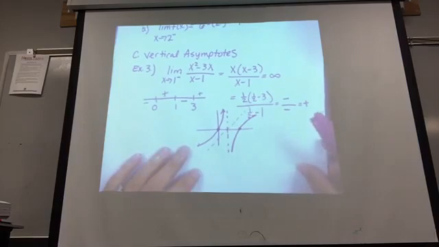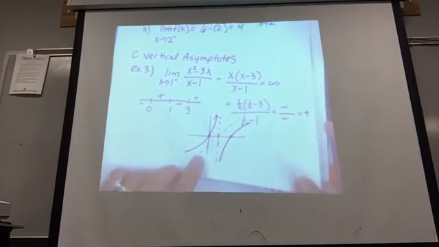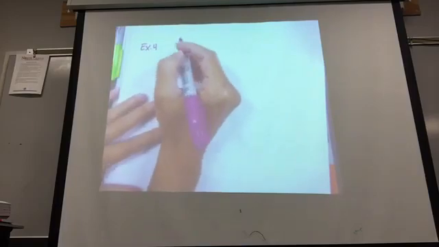Alright, example number 4, another vertical asymptote problem.